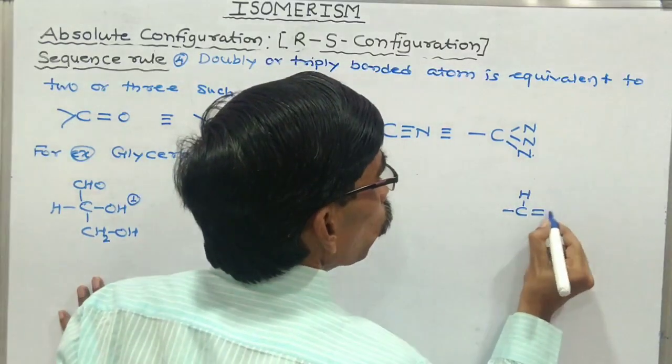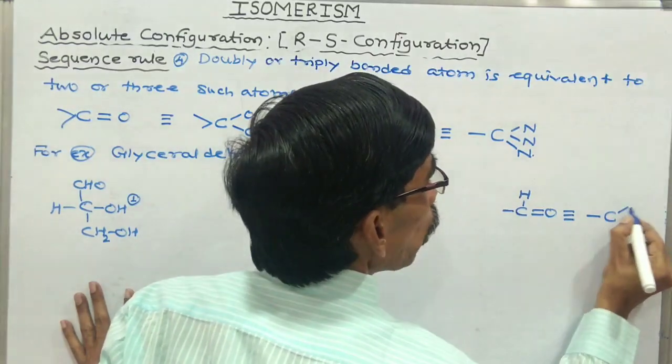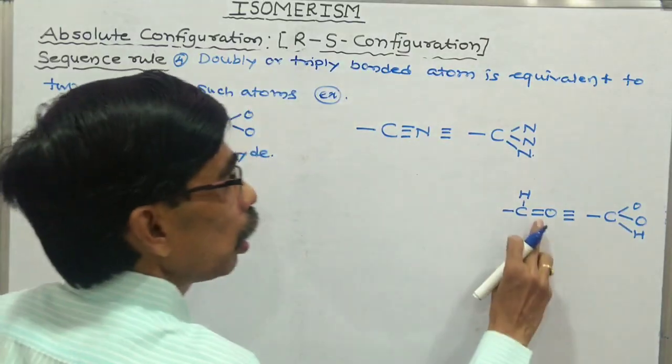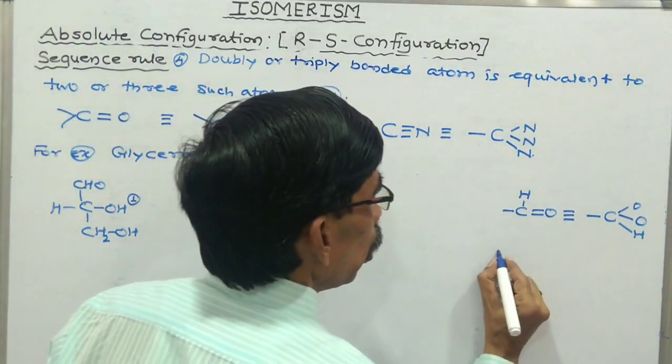The CHO is equivalent to, on the C, the second atom oxygen, and then H. The double bond O is 2 oxygen atoms.